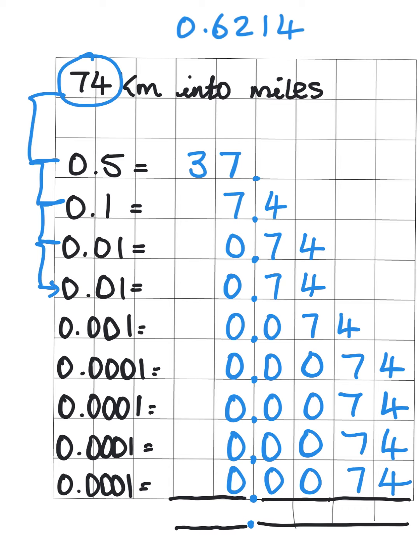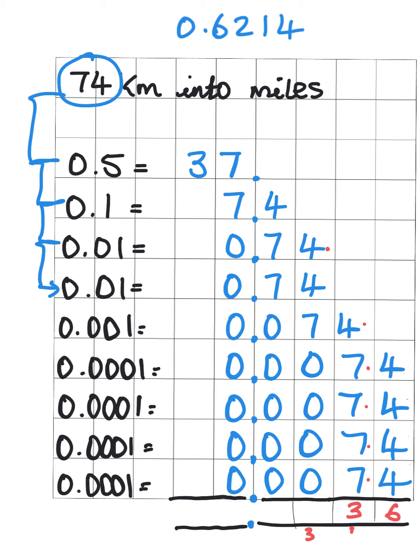So furthest column to the right is 4, add 4, add 4, add 4. 4 4s are 16. Carry the 1. 4 add 7 is 11, add another 7 is 18, add another 7 is 25, and another 7 is 32. Add the 1 at the bottom is 33.